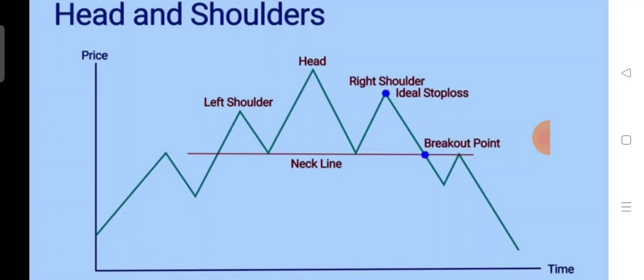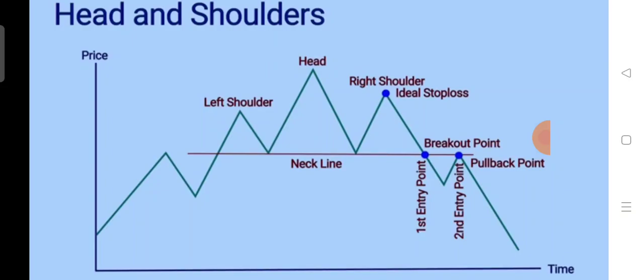So often traders, once the price is breaking down, enter in some quantity, and if there is a pullback towards the neckline, that often happens in the case of bearish reversal patterns, they again enter with some quantity and keep a stop loss just a little bit above the neckline. But the ideal stop loss, as I have said, should be the nearest peak or the nearest shoulder.